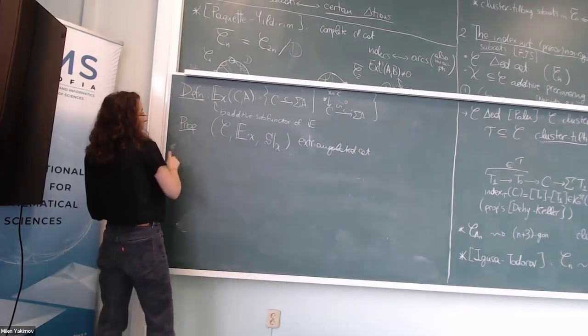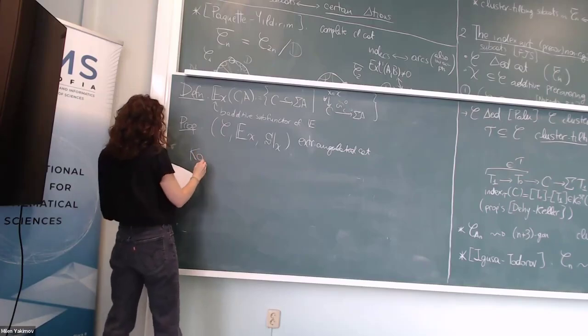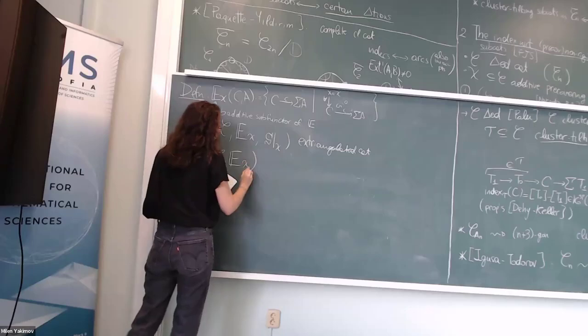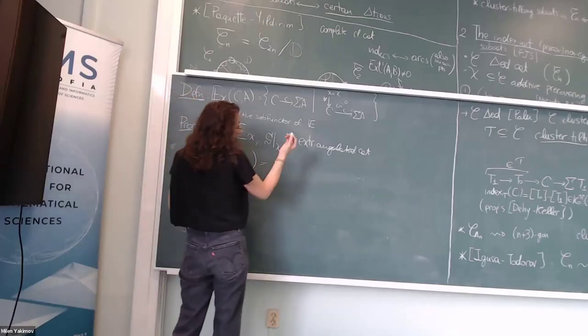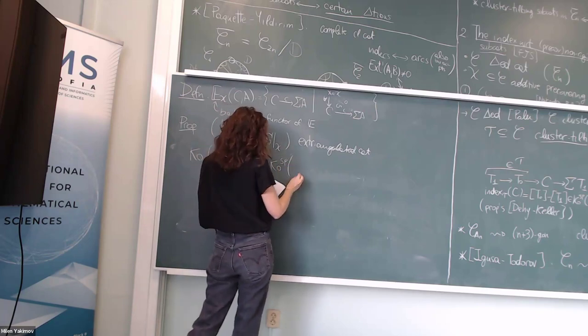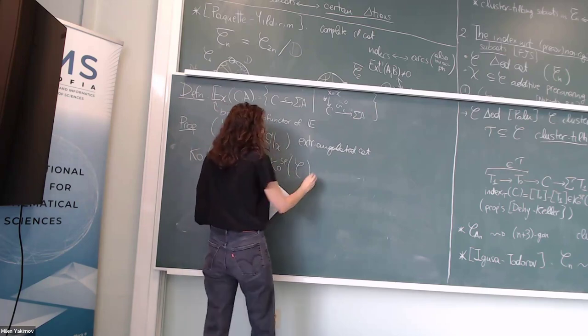So we can define the Grothendieck group now with respect to this extriangulated category, or more generally with respect to an extriangulated category. And this works just like before.